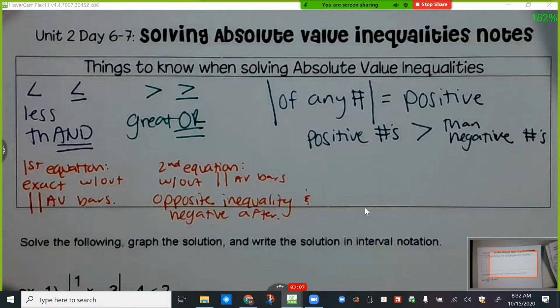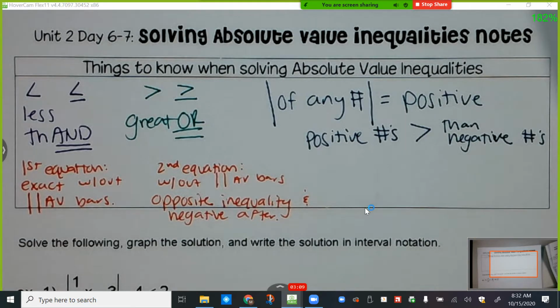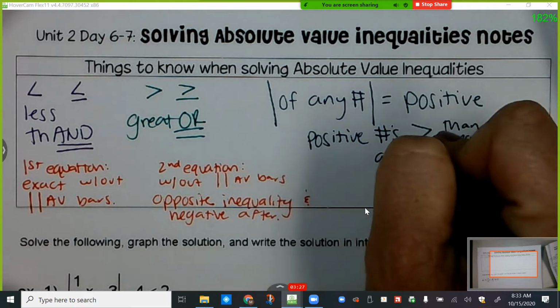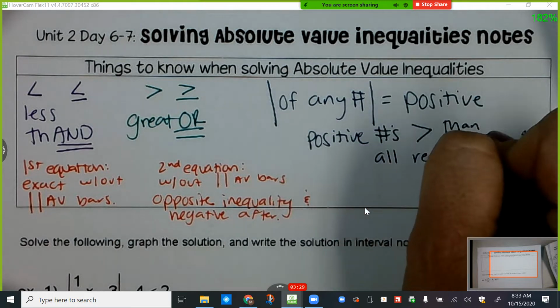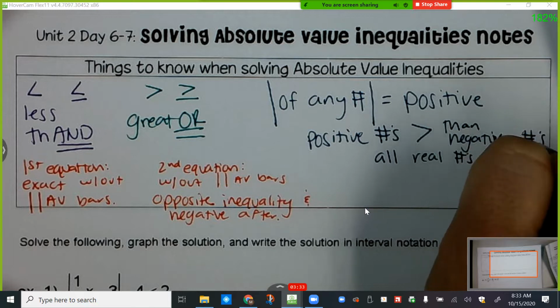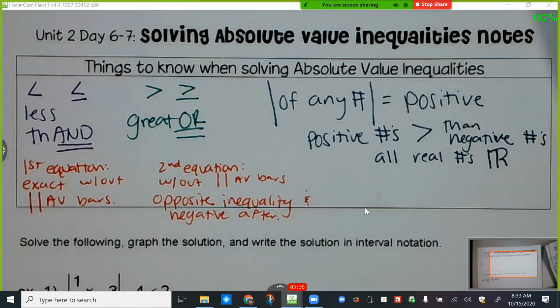So if you see a problem that has a negative after your inequality, then you know that your answer should be all real numbers, because absolute values are always going to be greater than a negative.